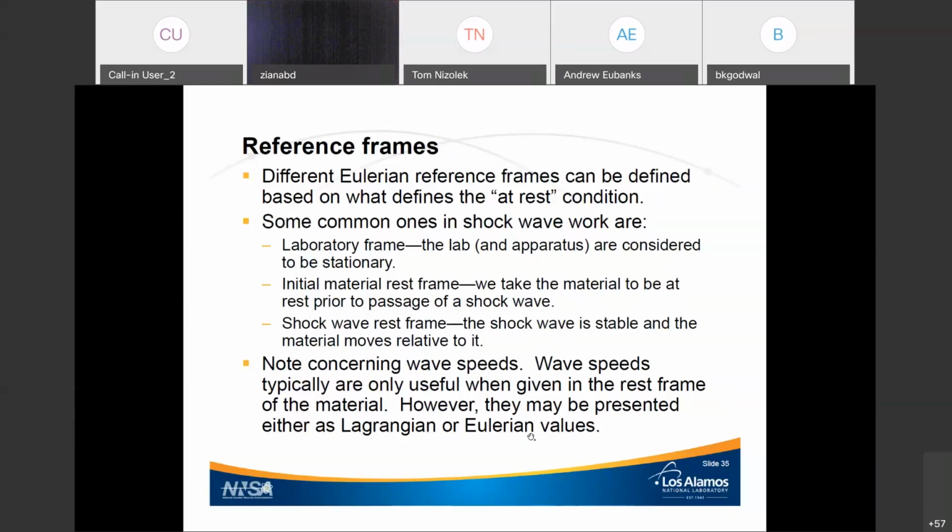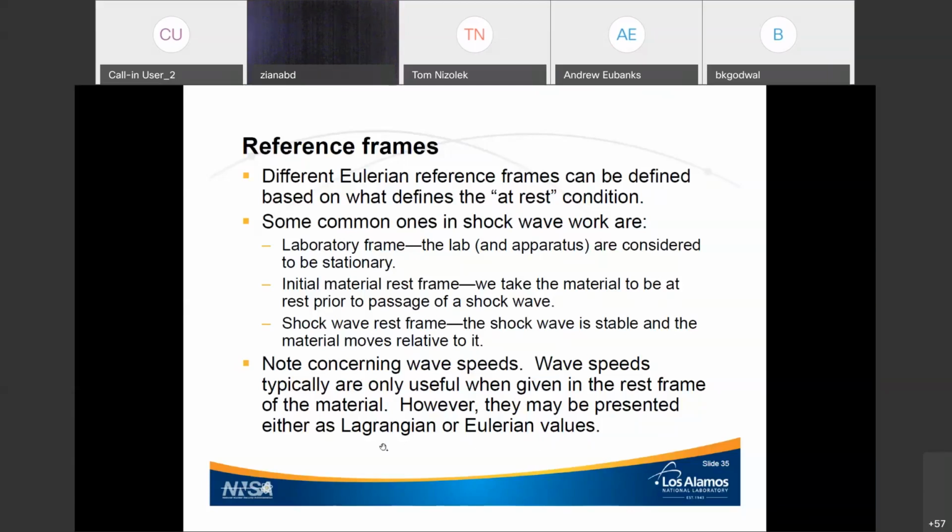And this has actually led to some confusion because shockwave experimentalists usually will give wave speeds as Lagrangian values. People who do calculations will often use Eulerian values.